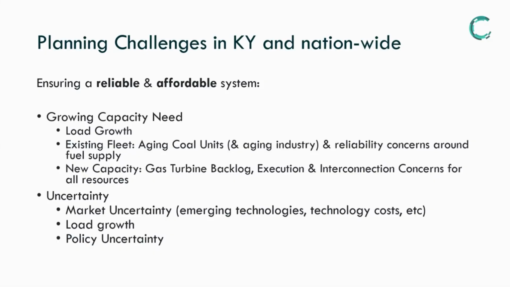Second factor is uncertainty. We have a lot of uncertainty, which wasn't like that some years ago. Uncertainty that characterizes load, the policy uncertainty, both at the state and federal level, and also market uncertainty. What technologies will be available? When will they be available?